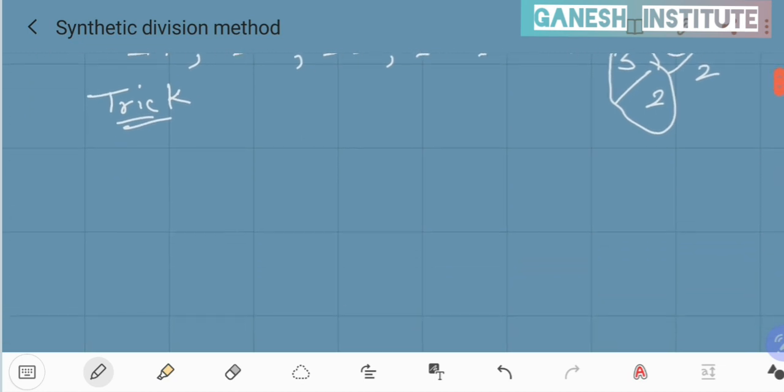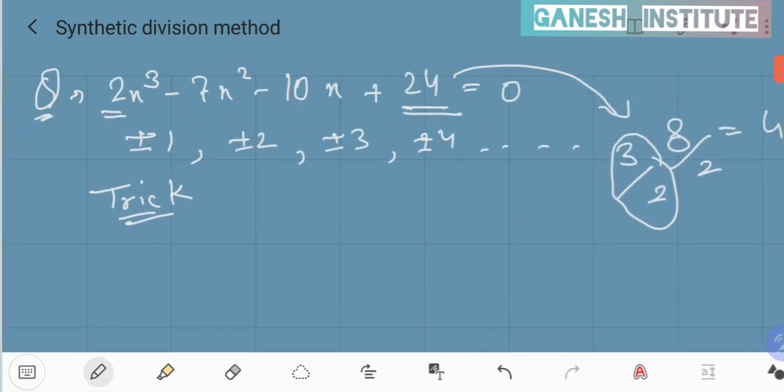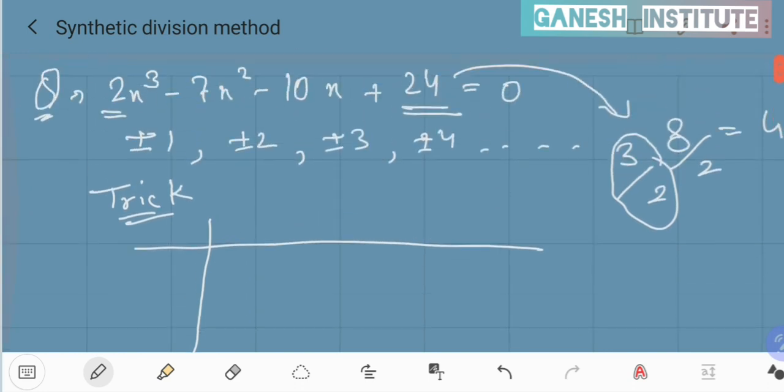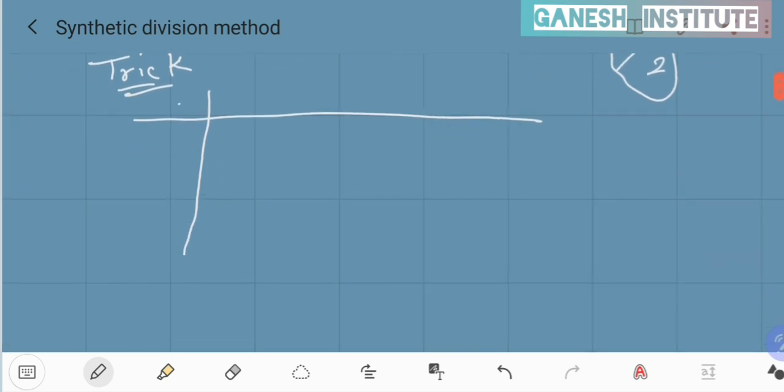For solving any equation through synthetic division method, we have to make a table like this. The first factor, which is 4, we will write down here 4.